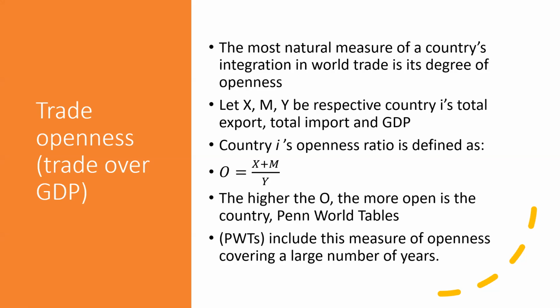You calculate your openness ratio as the addition of the export and import, and you divide it by the GDP. So the higher the openness index, the more open is the country. And we have this measure, this openness. You can get it from the Penn World Table.